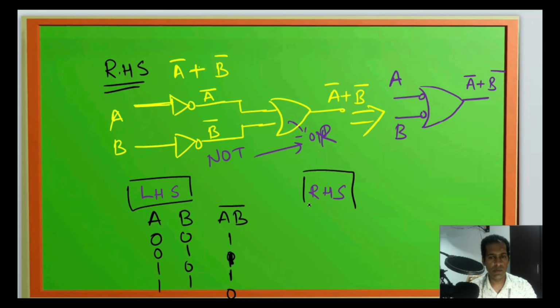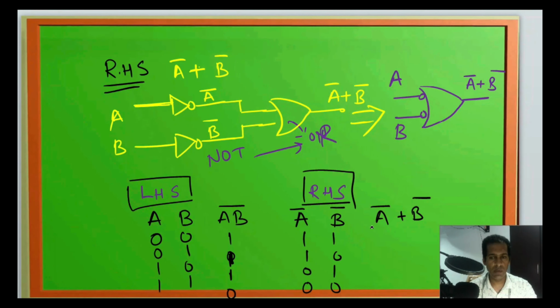Now let us check the output for the RHS. We have inputs A bar, B bar, and the output is A bar plus B bar. For AB 0, 0, A bar, B bar will be 1, 1. For AB 0, 1, it will be 1, 0. For 1, 0, it will be 0, 1. For 1, 1, it will be 0, 0.